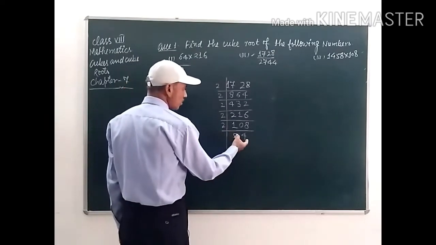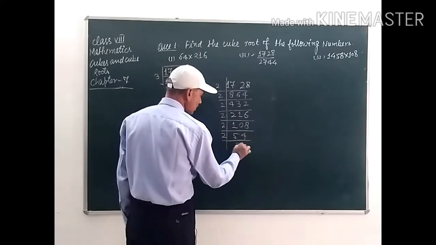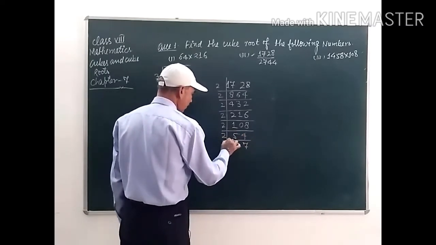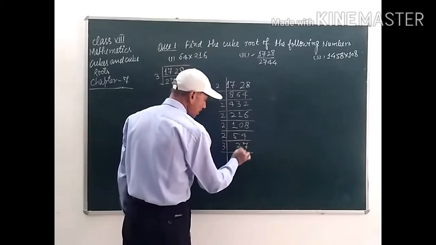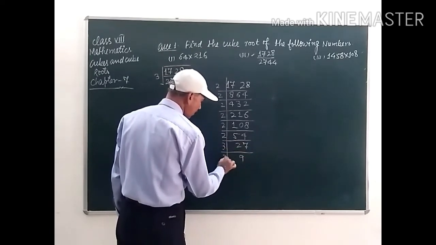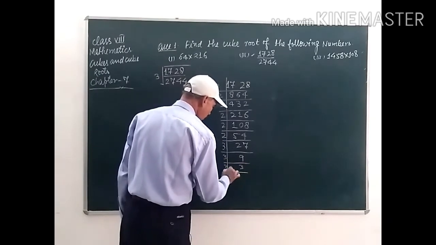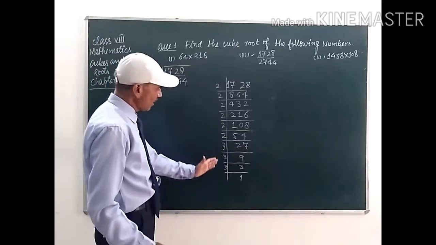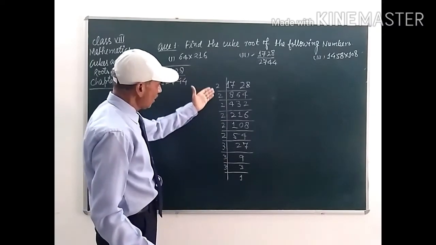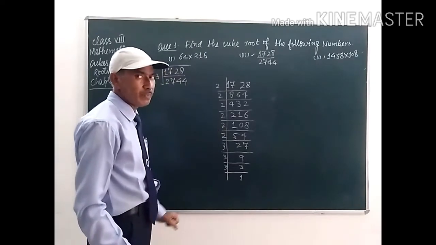Okay, students, so this number is again by 2, that is 27, and by 3 it is 9, again by 3 it is 3, and use 3 one more time, and that is 1. The prime factors of the numerator are 6 times 2 and 3 times 3.